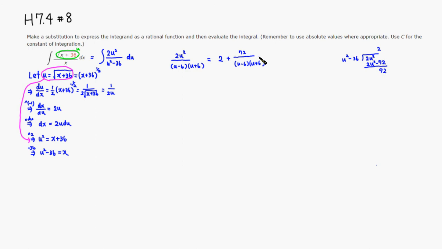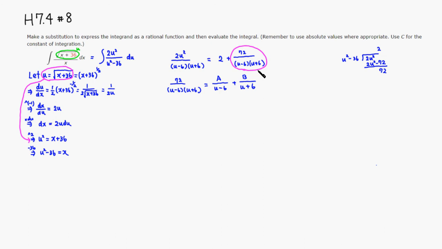So let's work on finding the partial fractions for this piece right here. We have 72 over the quantity u minus 6 and u plus 6. We can split this as A over u minus 6 plus B over u plus 6.